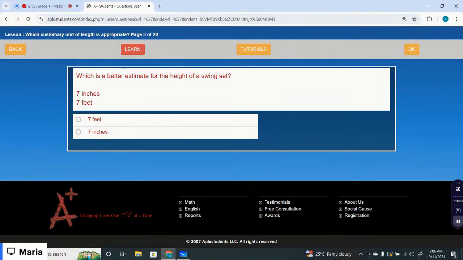Which is a better estimate for the height of a swing set, 7 inches or 7 feet? Which is the correct option?